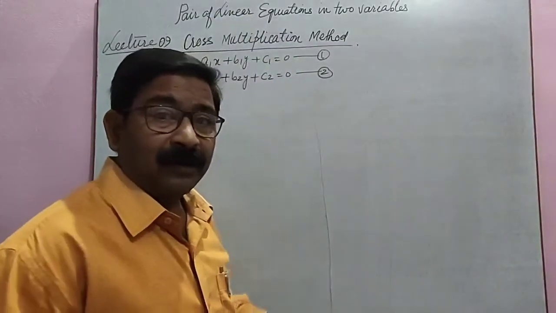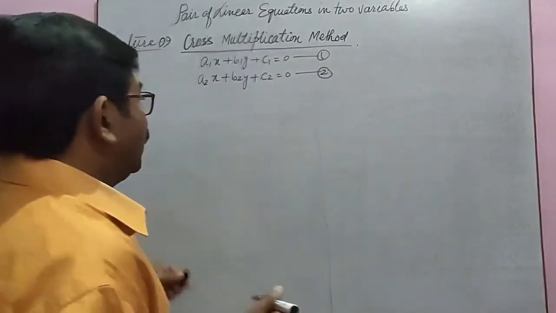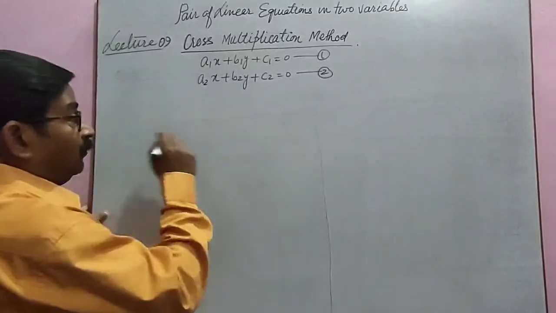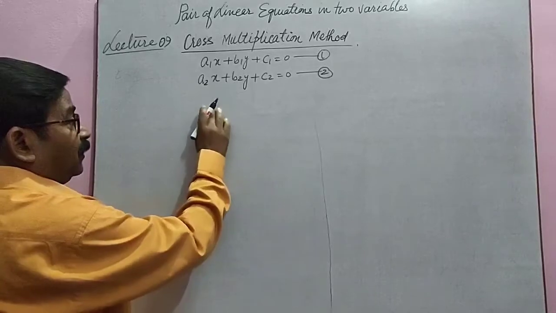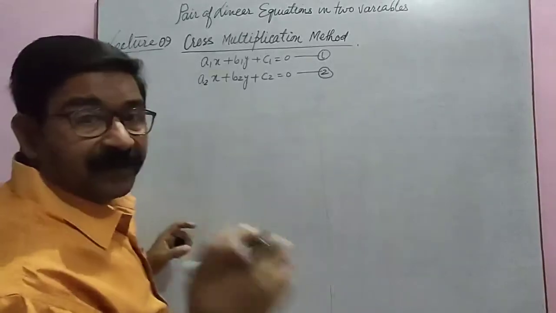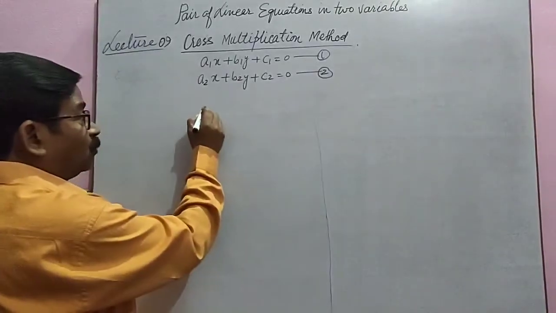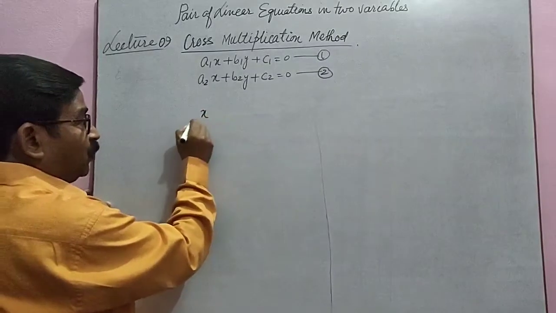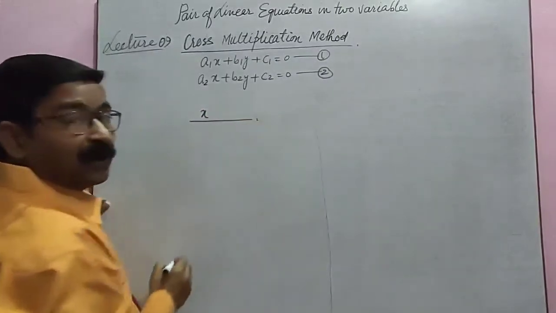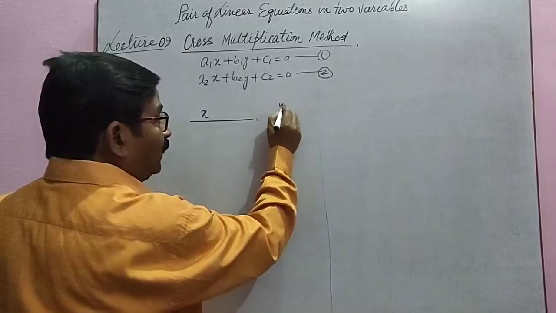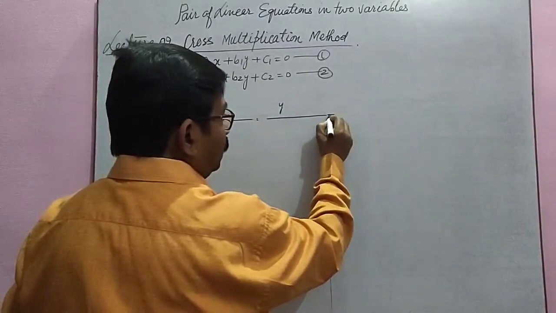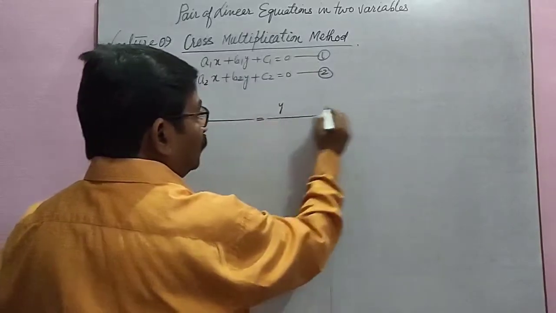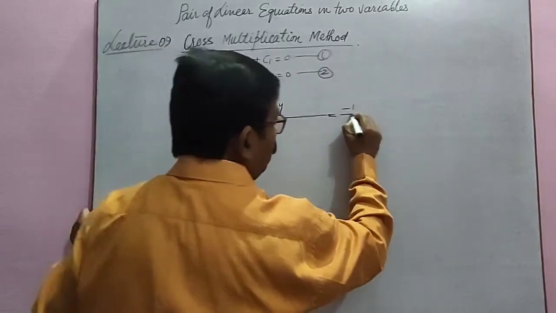It is a very simple method. Just try to learn. I am writing, we have to write like this. We have to find the value of x and y. So how to write? x upon something, y upon something, and minus 1 upon something.